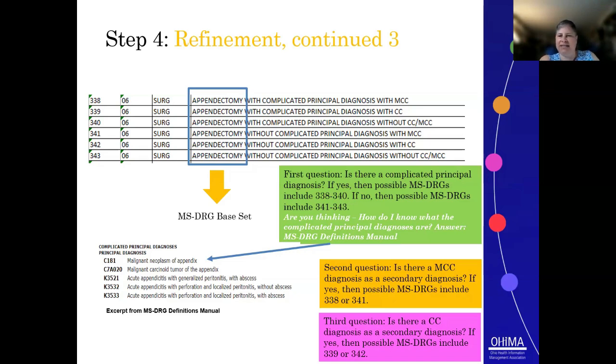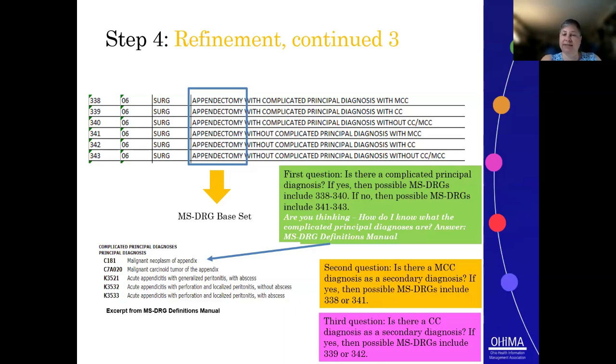Then our second question is, is there an MCC diagnosis? And our third is, is there a CC diagnosis? So let's say for this base set, our admission is for an appendectomy, and the patient's principal diagnosis is K35.21, acute appendicitis with generalized peritonitis with abscess.